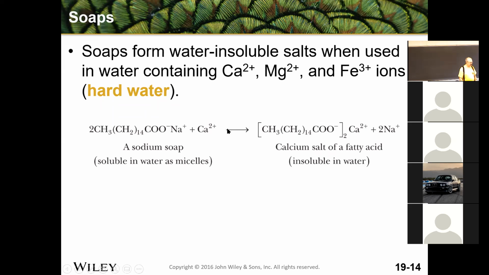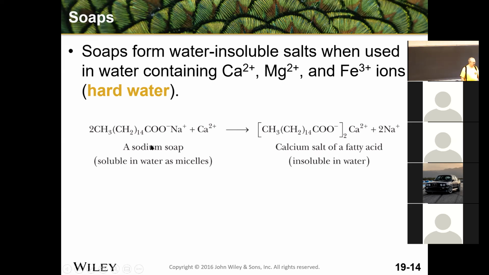Since calcium has a +2 charge, it will bind with 2 of these carboxylates. And these calcium and magnesium and iron salts are insoluble. The sodium soaps are soluble in water as micelles, but then you'll have a precipitate that forms in hard water. This is what's known as soap scum.